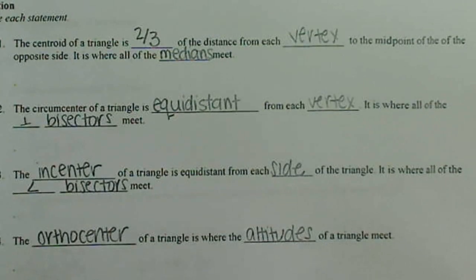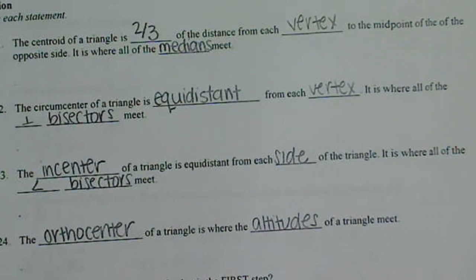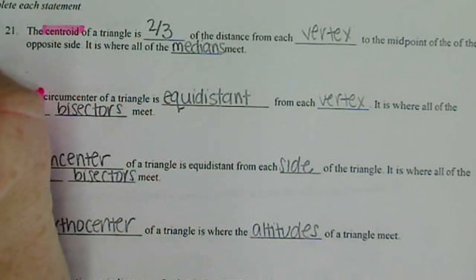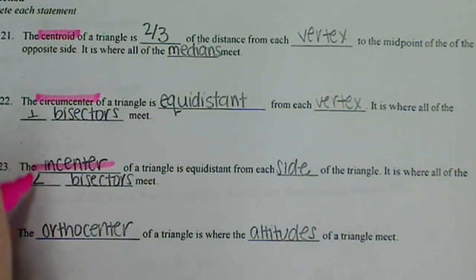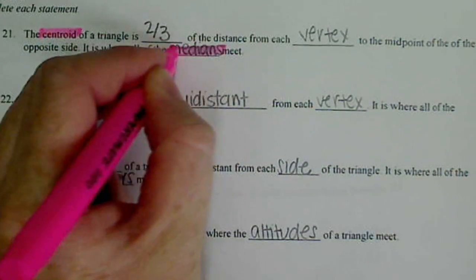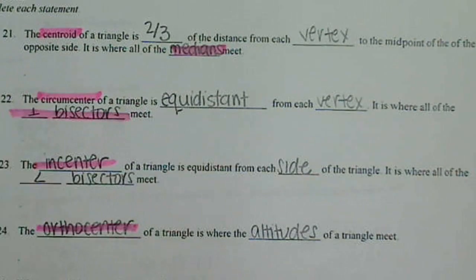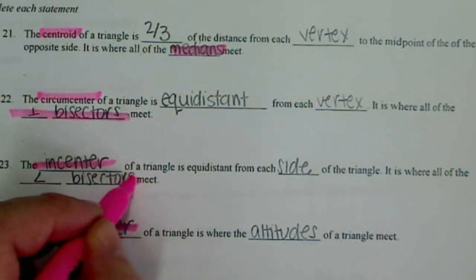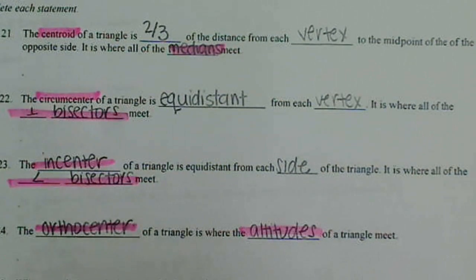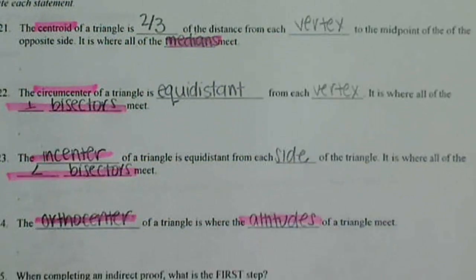Make sure you not only know what these words mean, centroid, circumcenter, incenter, and orthocenter, but you need to know the difference between median, a perpendicular bisector, angle bisector, and an altitude. You need to know what those are for your test.